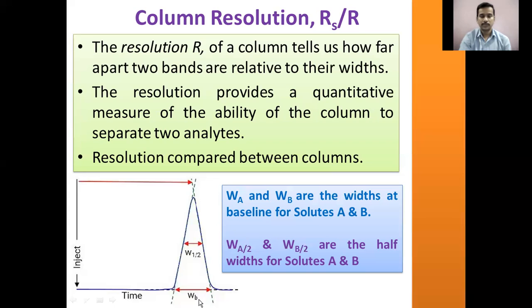And there will be no tail either at the beginning or at the end of the peak. They have to start and end symmetrically with a maximum point. Detector signal is nothing but the detector's response to some property of the solute, versus time.